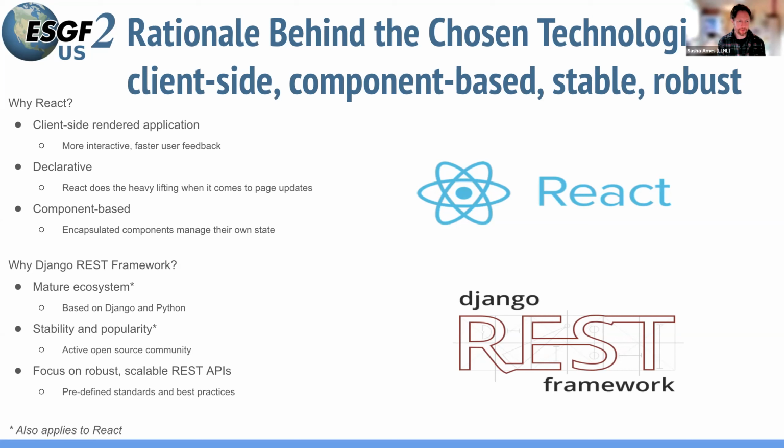So the front end, instead of querying for pages, queries for content. This is based on a mature ecosystem. Django and Python are popular, highly maintained, with an active open source community. And yes, we're attempting to build scalable REST APIs, which lets us do some plug and play.